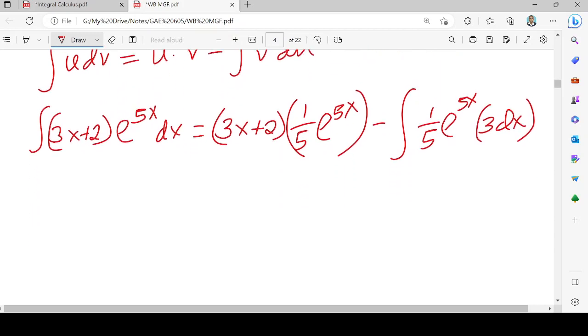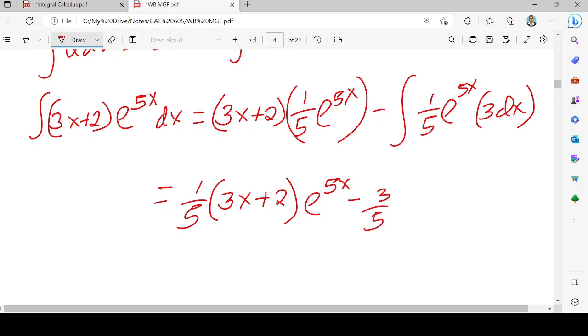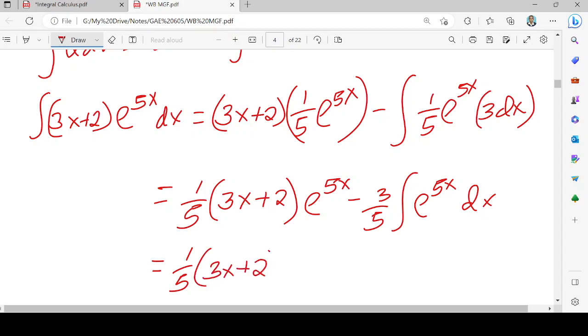So that we get this is equal to 1 over 5 (3x plus 2) e raised to power 5x, then minus 3 over 5 the integral of e raised to power 5x, and we integrate with respect to x, which will give us 1 over 5 multiplying (3x plus 2) times e raised to power 5x.